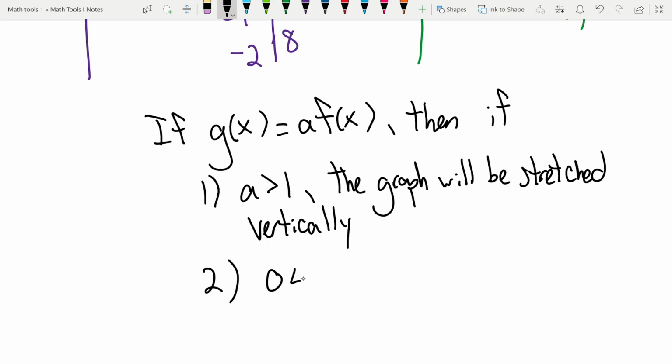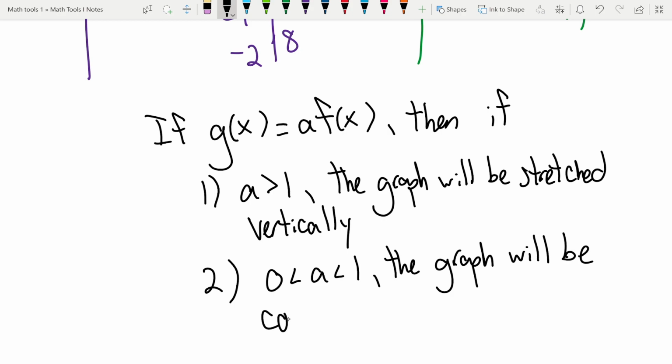If a is between 0 and 1, so like the 1/2 example, the graph will be compressed, again vertically.